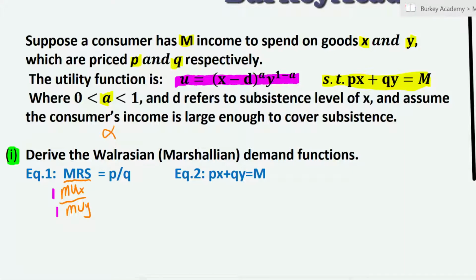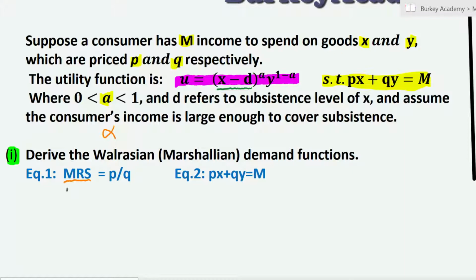It simplifies down just the same as for any other Cobb-Douglas, really, except instead of having an x, we have an x minus d here, right? So it's going to look the same as any other marginal rate of substitution for any other Cobb-Douglas, and we can just write that down like this.